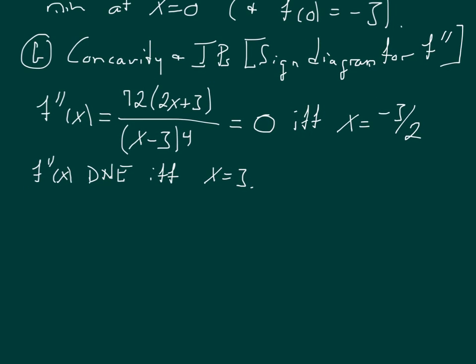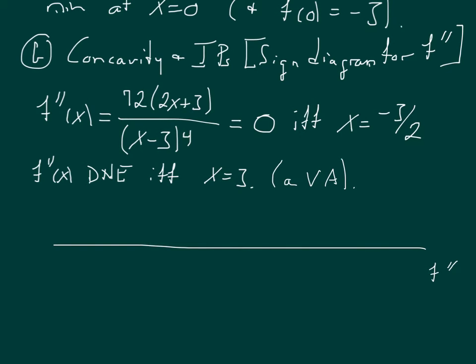Alright, and let's note again that 3 isn't in the domain of this function. X equal to 3 is a vertical asymptote. Alright, so this is all we need for our sign diagram for f prime prime.